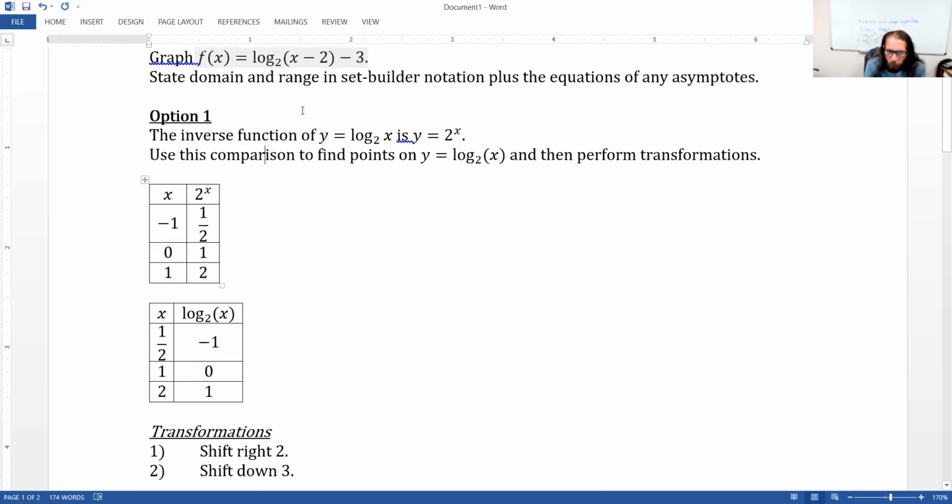But we've got a minus 2 inside of the logarithm, which is going to shift things to the right 2 units, followed, the order matters, by subtracting 3.